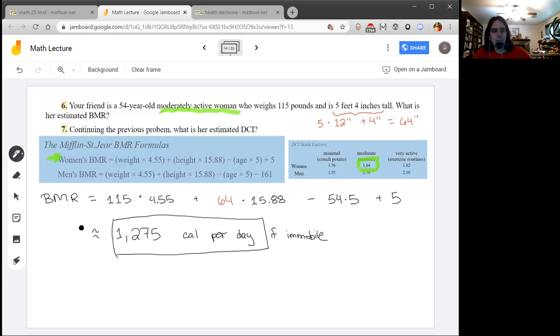But fortunately, she is not immobile. She does move around. So her DCI, we take that previous answer and we multiply it by the scale factor.